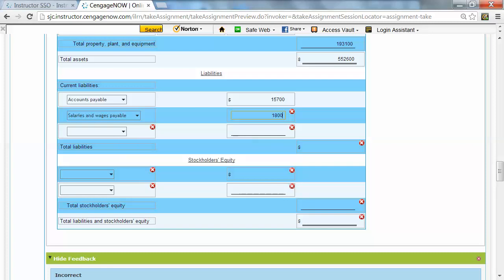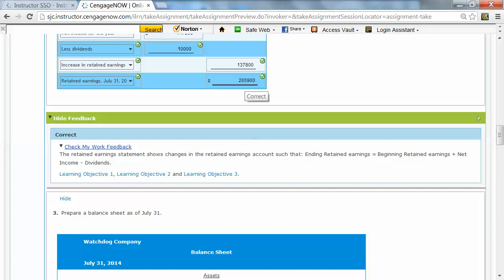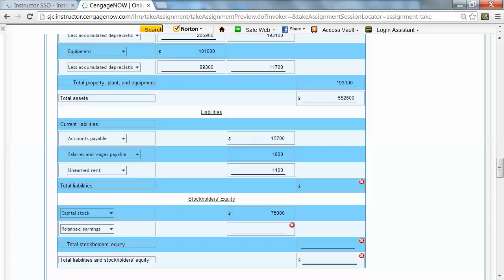We have unearned rent, and the unearned rent is $1,100. I'm going to come up with a total here in a minute. I'll list our capital stock, which is $75,000. We're going to enter our retained earnings. The retained earnings amount, remember, was $265,900.